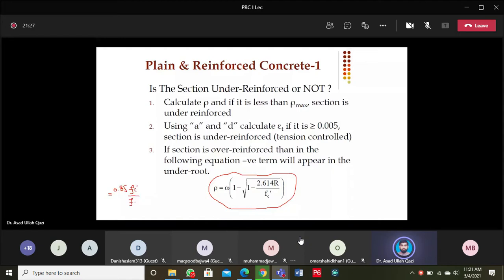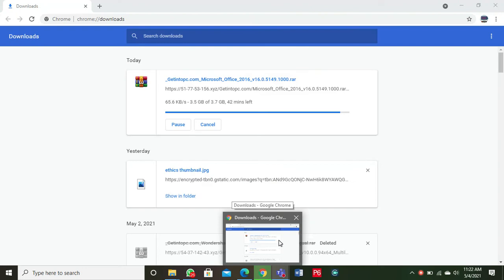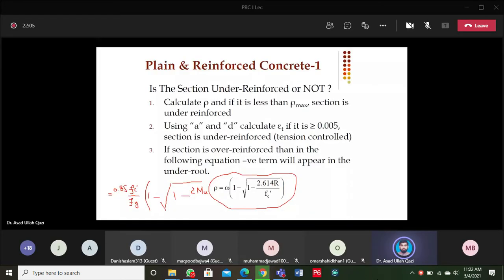So I am not using omega here, I am putting the actual value, then 1 minus 1 minus this one, and I actually put actual phi and ultimate moment demand, which R over here reflects because it has been substituted and it is equal to Mu over bd square, and 2.614 also considers multiplication of different numerical values, and the resultant answer is 2.614.